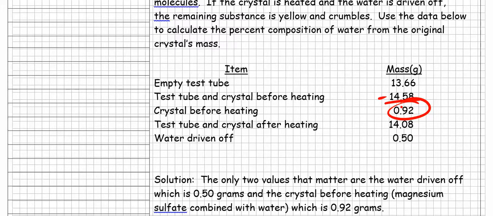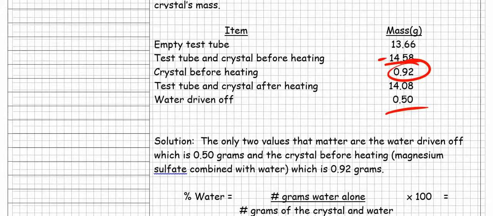And then the test tube and the crystal after the heating was only 14.08. So the water that was driven off is the difference, the 0.50 grams, right? It's this number right here. That's the amount by mass that was driven off in this heating process. So the only two values that matter are the water driven off, which we now know is 0.50 grams.